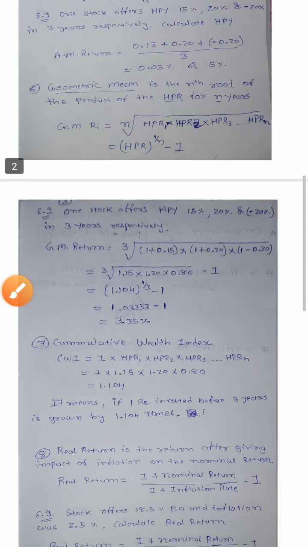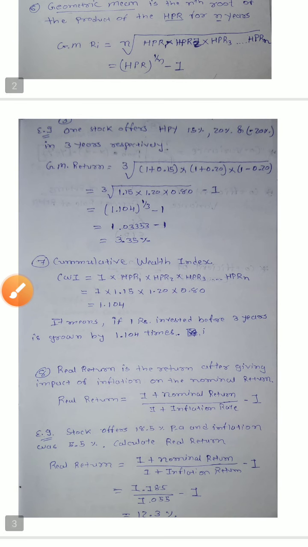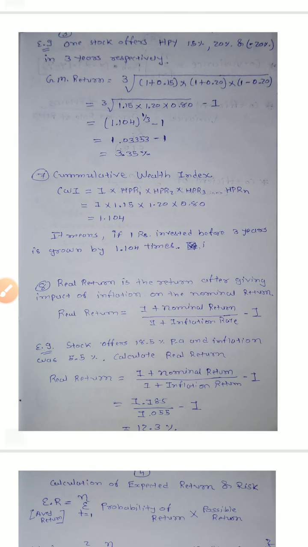Let us continue with the same example that we did in the arithmetic mean. You have the returns of 15%, 20% and minus 20% for 3 years, and we need to calculate the geometric mean. I'll just put these values into the equation. So 3 under root 1.15.